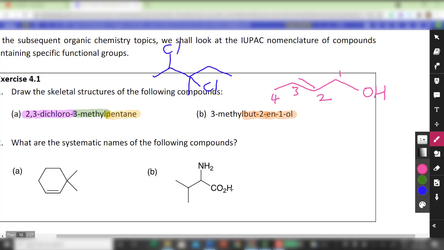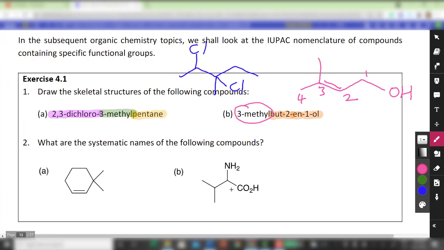If they wanted you to name something from 2 to 1, they would call it but-1-ene, but they will not name it that way. Then after that there's a 3-methyl group, so that will be our answer.